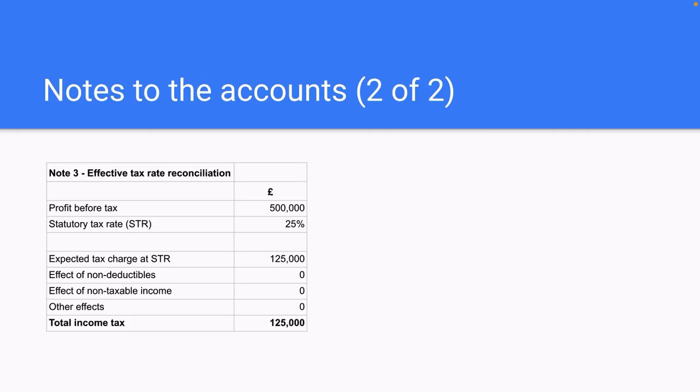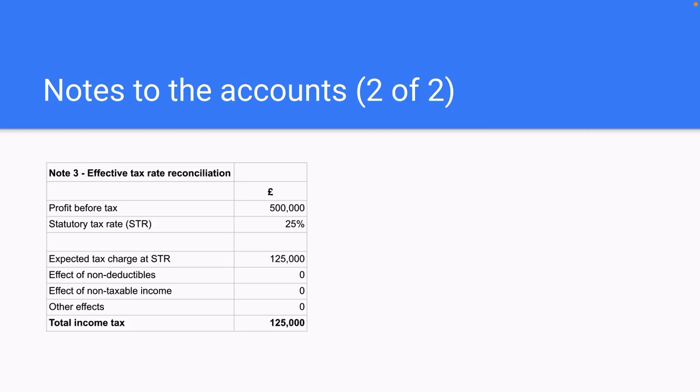And that takes me to the final aspect of this video, which is your note 3, and I've called that the effective tax rate reconciliation. What this note does is explain the different factors contributing to the size of your income tax expense.